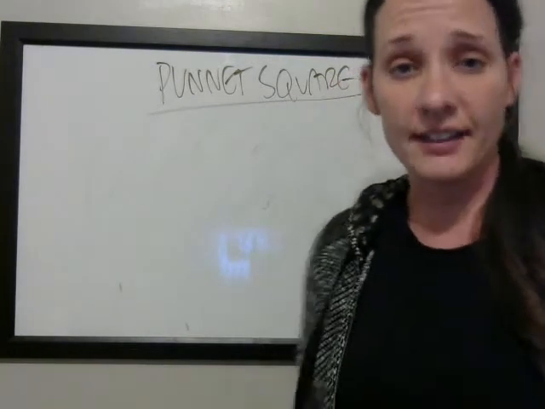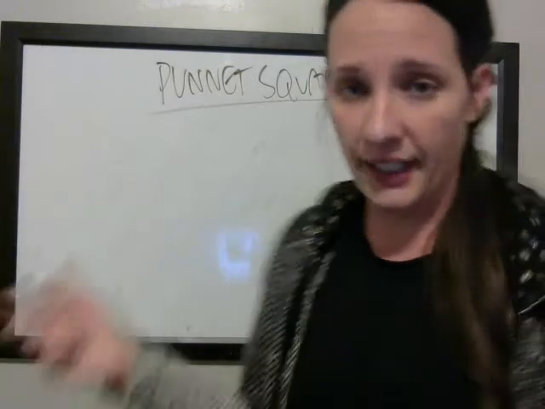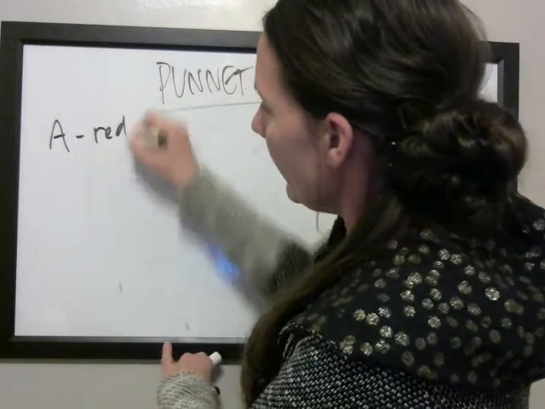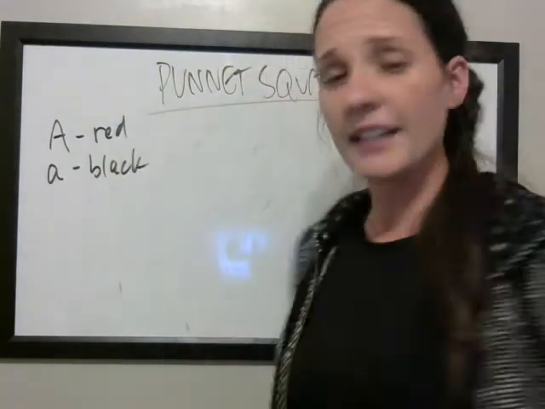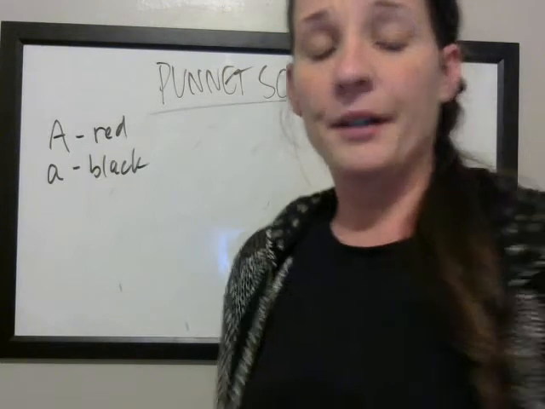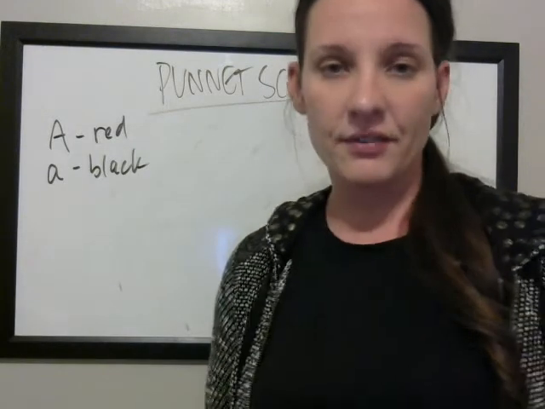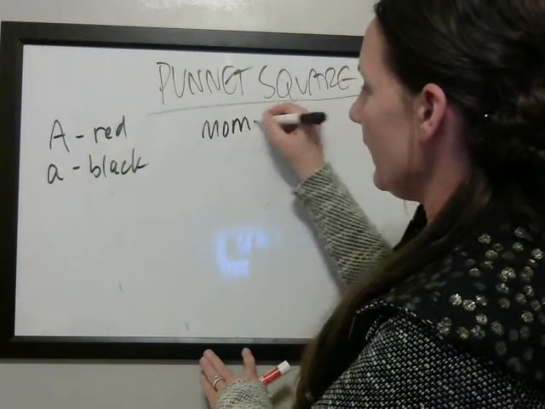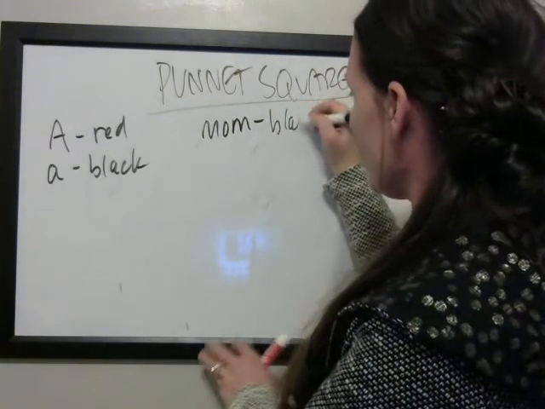So let's just say you have, let's use hair color again because that's an easy example. If you are big A, you have red hair. If you are little a, you have black hair. And I tell you that you have two parents, because remember, you get half of your DNA from both of your parents, so both parents are going to have a set of alleles. Mom is going to have black hair, so we know that she has black hair.